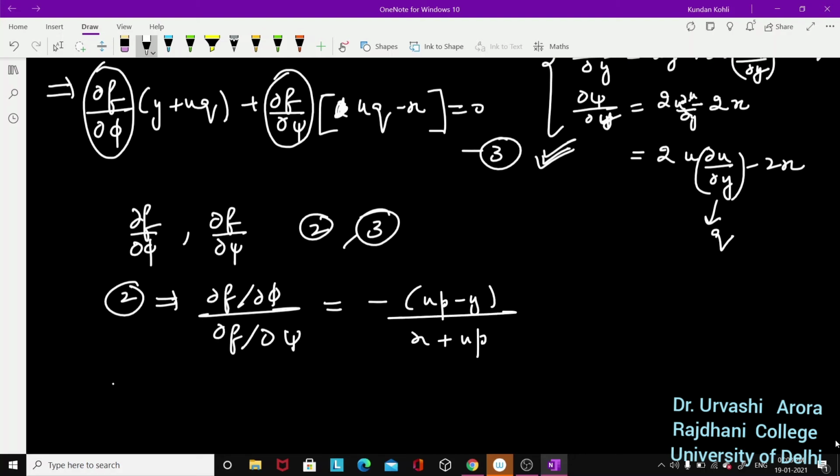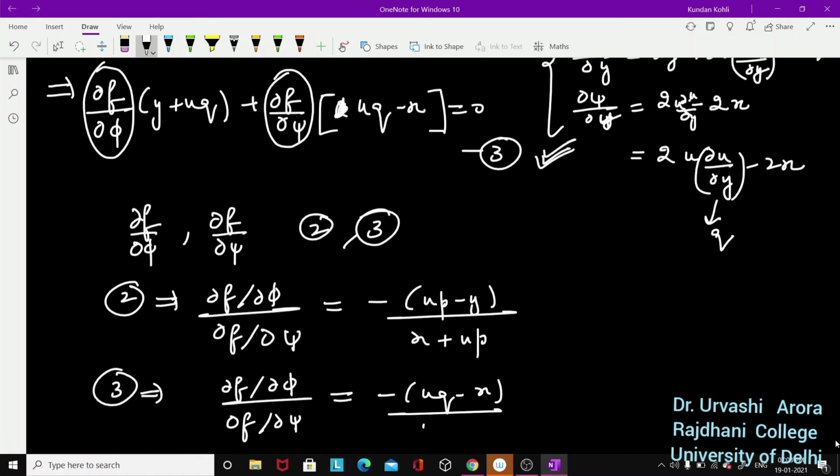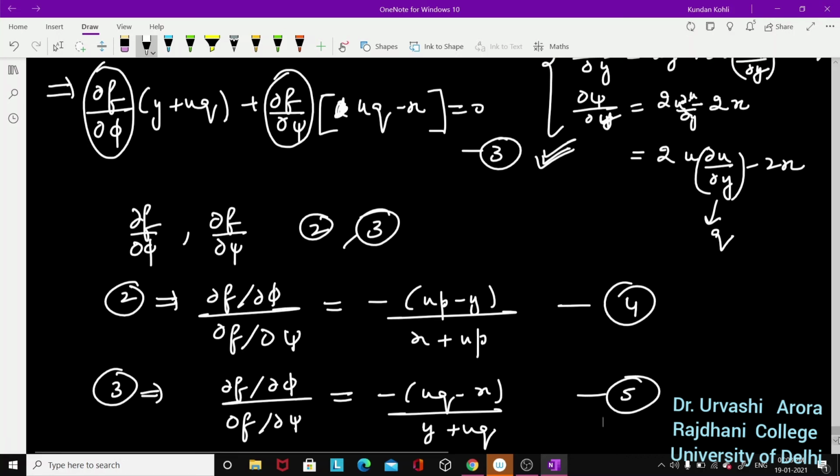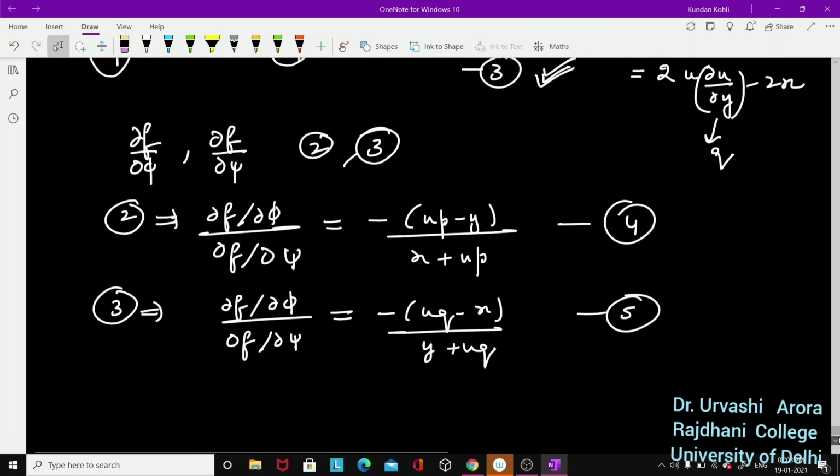And from 3 again you can get the value of del f by del phi over del f by del psi, and it comes out to be minus uq minus x over y plus uq. I'm marking these as 4 and 5, and now you just have to equate 4 and 5.